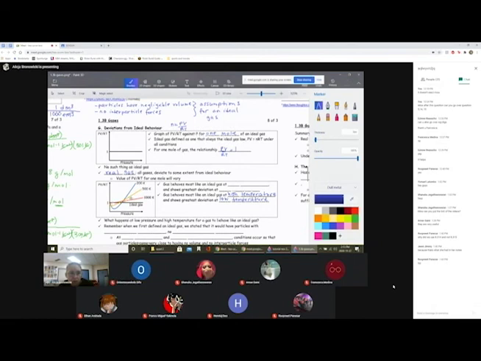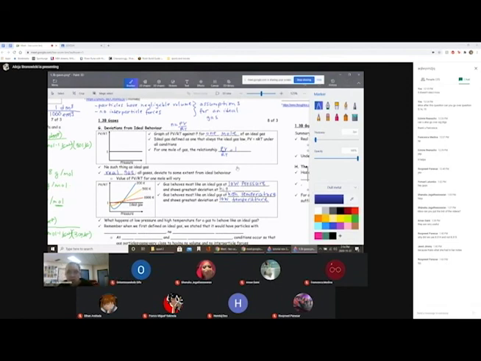Notice my curves are closer to the line at low pressure, and the higher the pressure gets, the farther away they get from the line. So we would say that a gas behaves most like an ideal gas at low pressure, and shows the greatest deviation at high pressure.